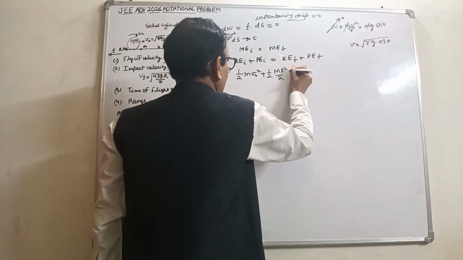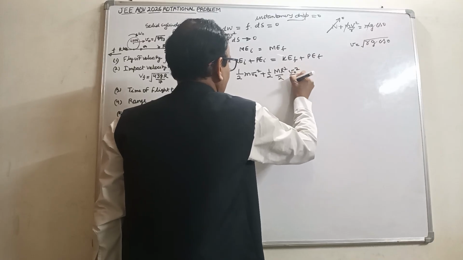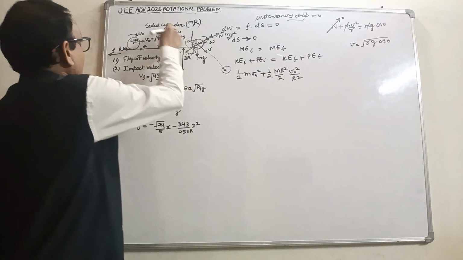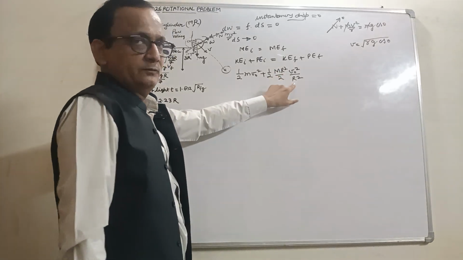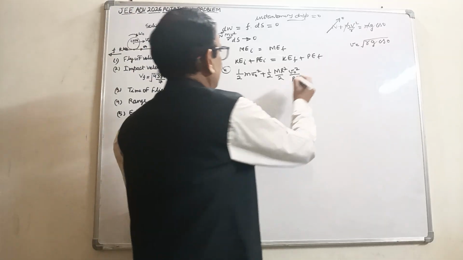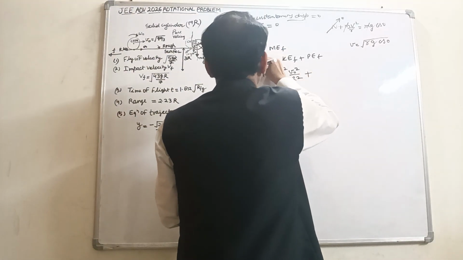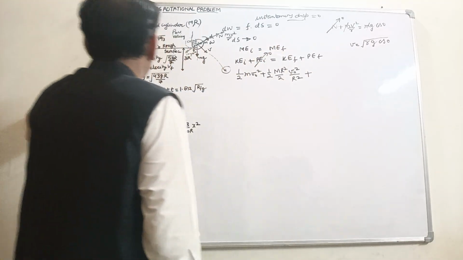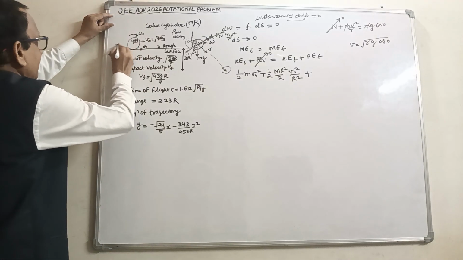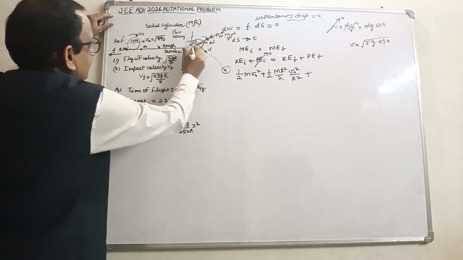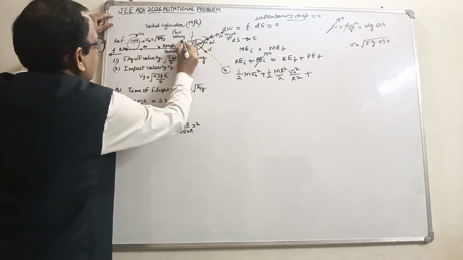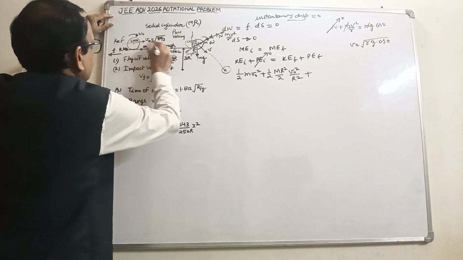Omega naught square is equal to v square upon r square because the motion is pure rolling, so omega is equal to v upon r. The initial potential energy is 0; we take it as the reference.